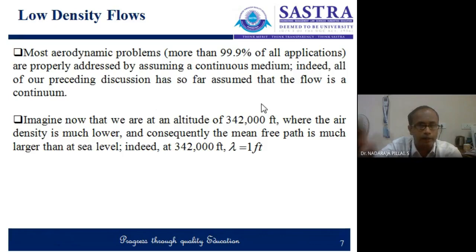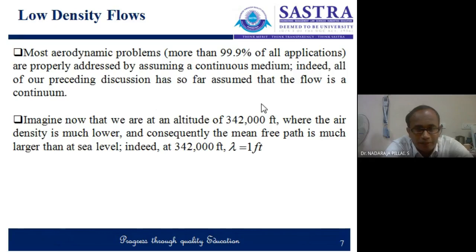Now, imagine we are at an altitude of 342,000 feet. Here the air density is very much lower, right? So the mean free path is much larger than at sea level.